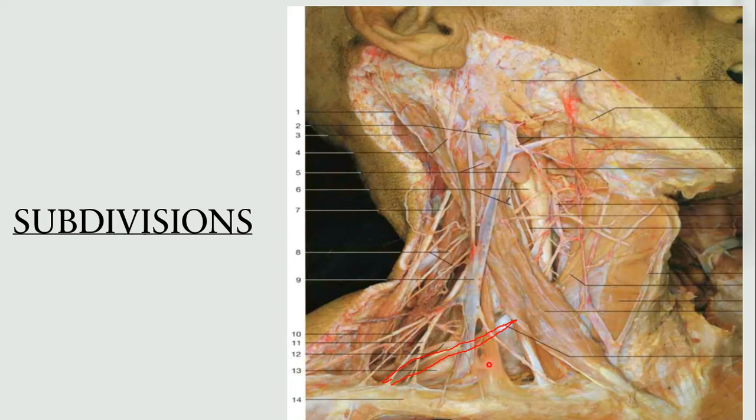So this is the subclavian triangle, which has another name, supraclavicular triangle, because it is just above the clavicle, and can also be known as the omoclavicular triangle because it is bounded by the inferior belly of omohyoid and the clavicle, so omoclavicular triangle. Okay, so those are the two subdivisions of the posterior triangle.